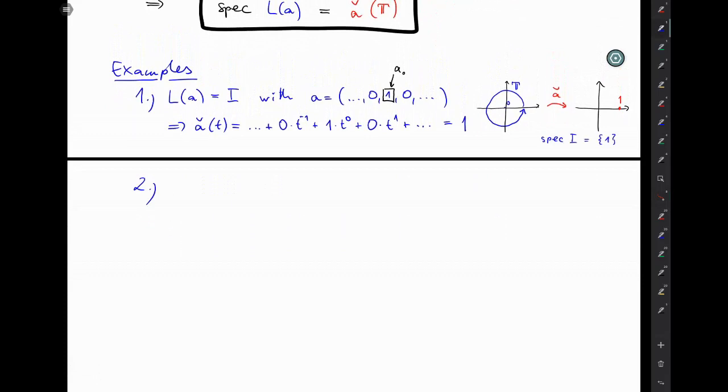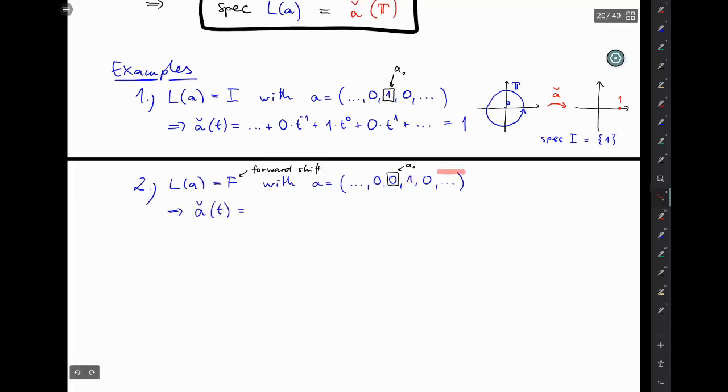Our second example was the forward shift, and that was the operator of convolution by this sequence, where you have exactly one entry equal to 1, the others are 0, and this is sitting at position 1. So the function whose Fourier coefficients these are must be the function that gives you 1 times t to the power 1, because this 1 is sitting at position 1.